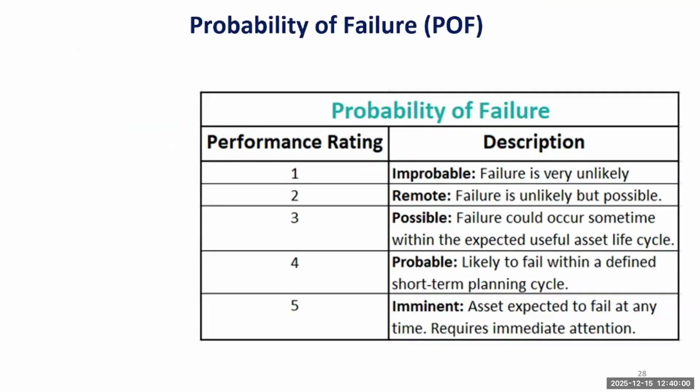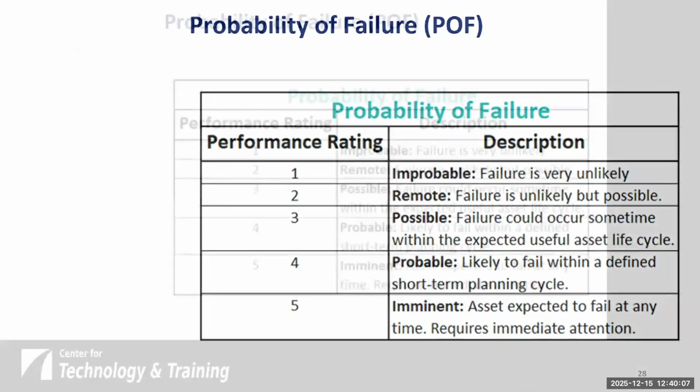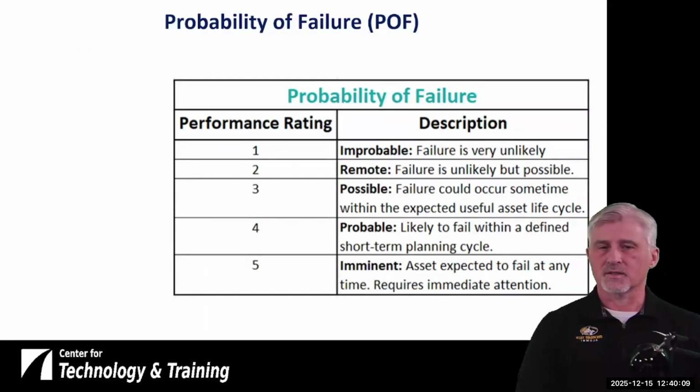So the probability of failure, we want to look at that. There's a scale for this with the performance ratings from unlikely or improbable, which we give a low rating or a 1, up to imminent. Something is going to happen at some point in the future. We know that it's going to fail.